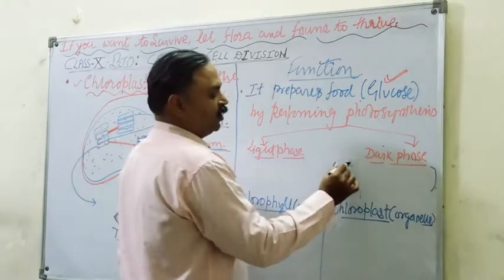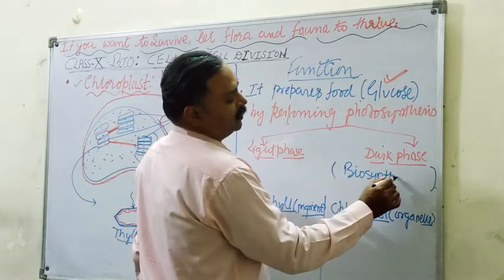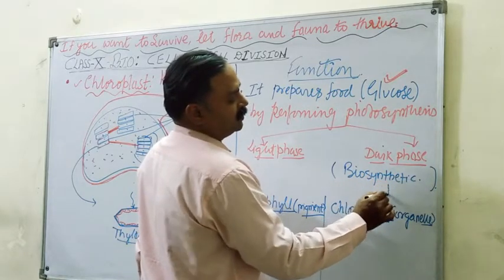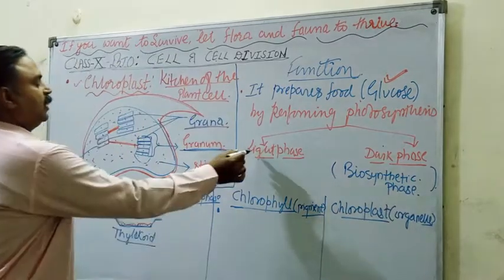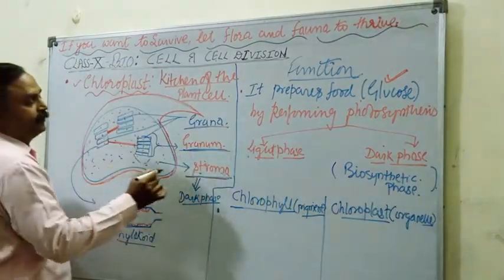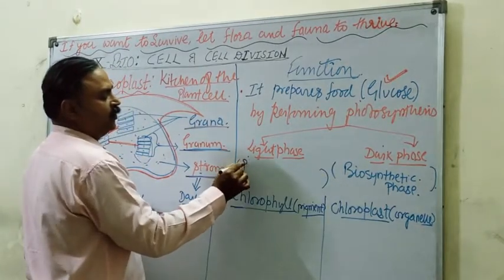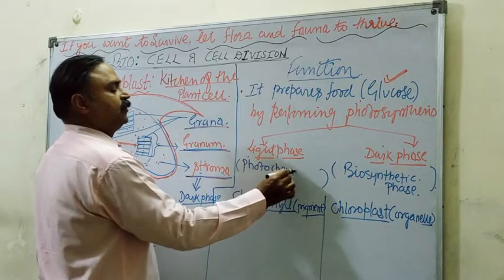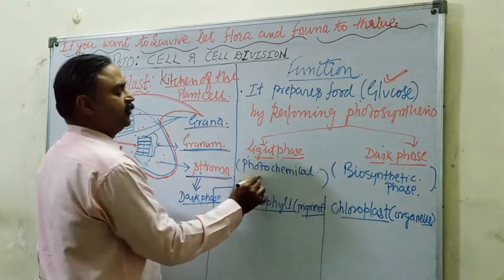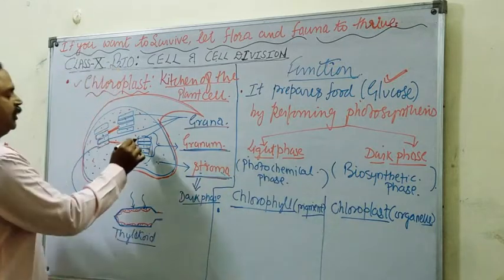That is also called the biosynthetic phase. And the site for the light phase is granum. Another name of the light phase is the photochemical phase, isn't it? So granum.